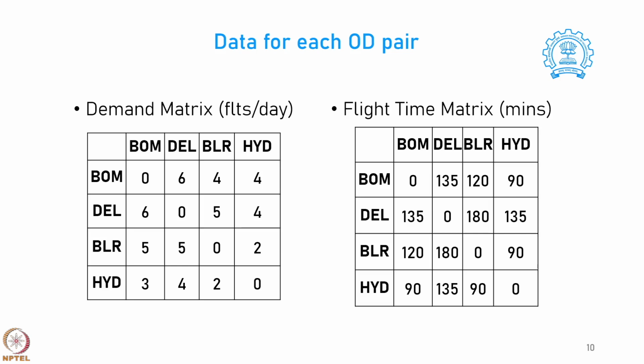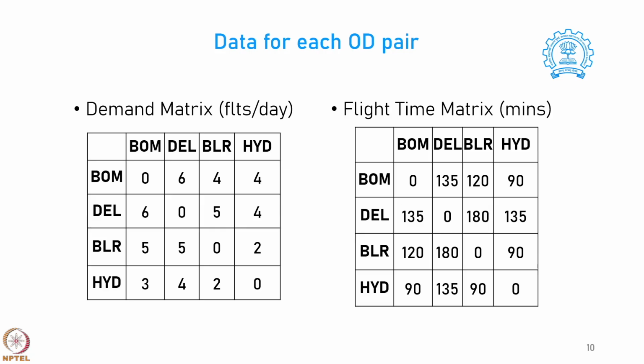So, we notice that one of the priority routes, which is Delhi-Bangalore, takes 180 minutes or 3 hours, and remember there will be half an hour for turnaround time also. So, each flight from Bangalore to Delhi will actually be 3 hours plus half an hour turnaround time. Mumbai to Delhi is also a busy route.